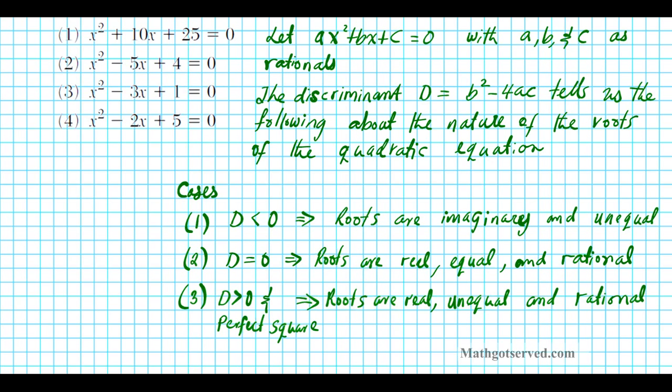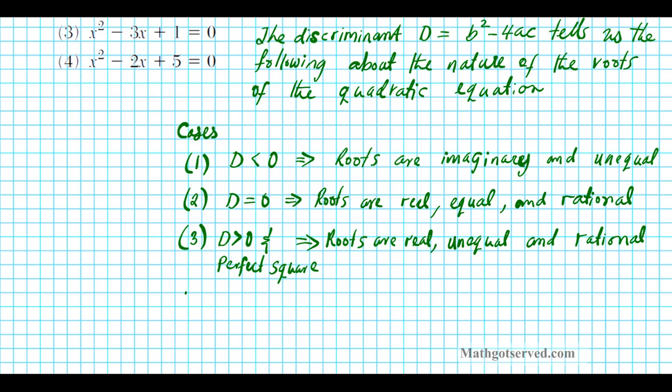One more case, case number 4. What if your discriminant is greater than 0, positive, and an imperfect square? Okay, imperfect square like 3 or 7. An imperfect square whose square root is not an integer. What is the nature of the roots in case 4? Your roots are going to be real, okay, because it's 0 and greater.